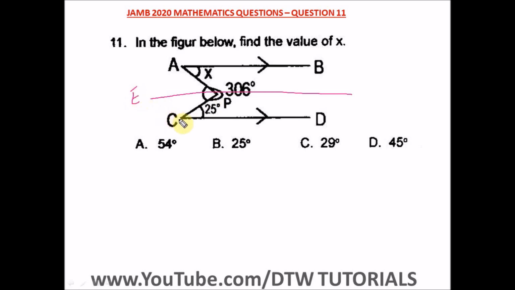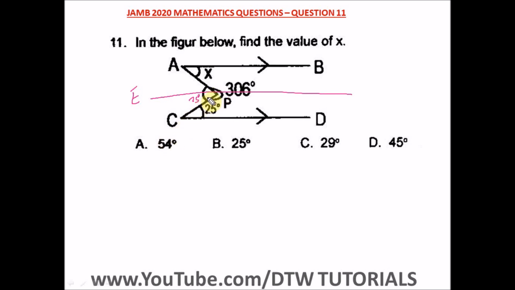Now if we look at this, we can say that our angle on C is equal to the angle here. We call this 25 degrees. Why? Because they are alternating angles. So now we have to find the angle here. How then can we find the angle here? Remember that this is a circle. So the sum of angles at a point, which is this point, is equal to 360.